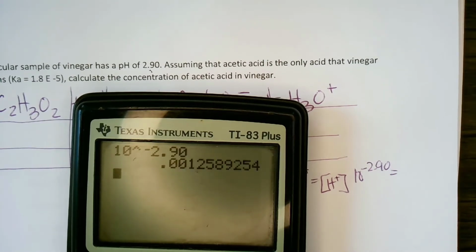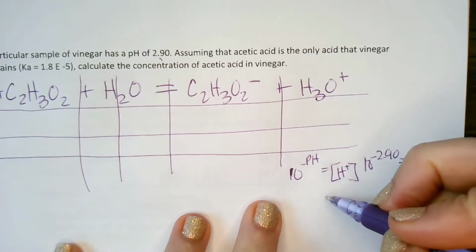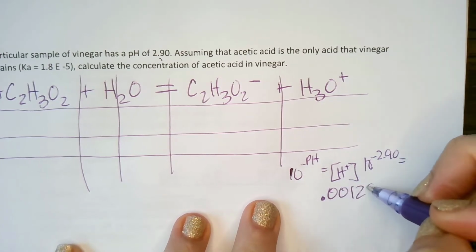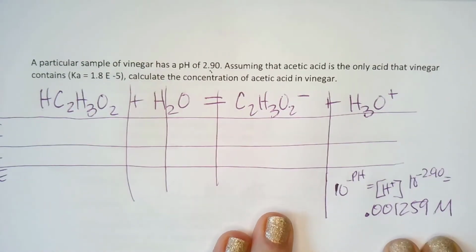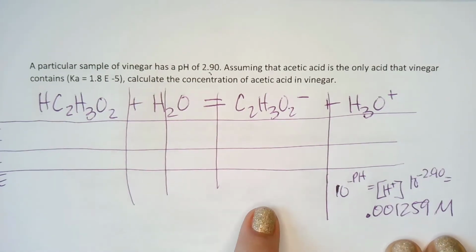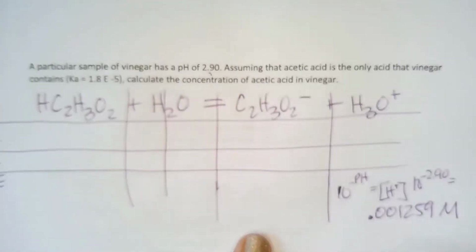I get 0.001259. So that's 0.001259 molarity, the concentration for my H3O plus. I also know that because of the 1-to-1 stoichiometric ratio, that's the concentration for my conjugate base.